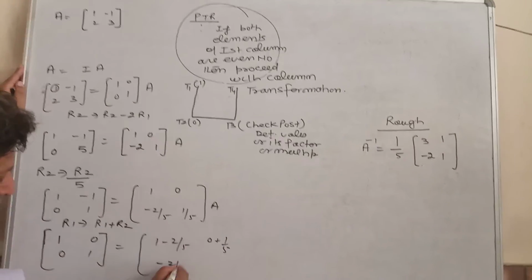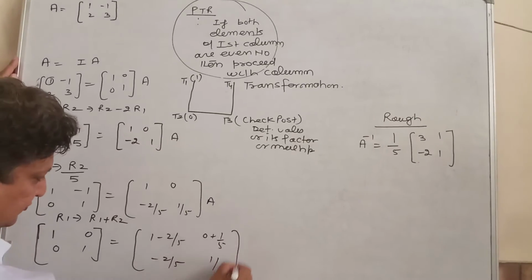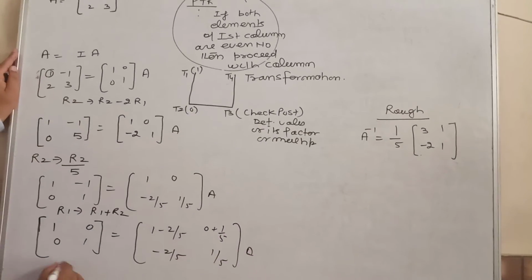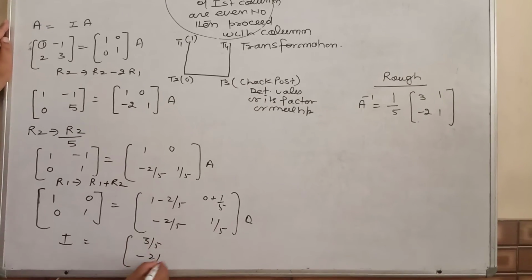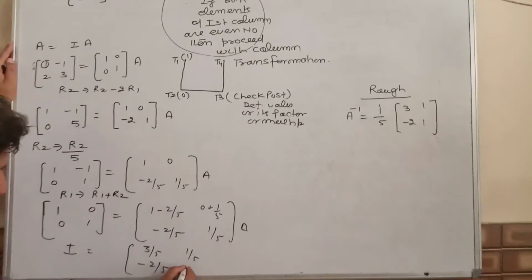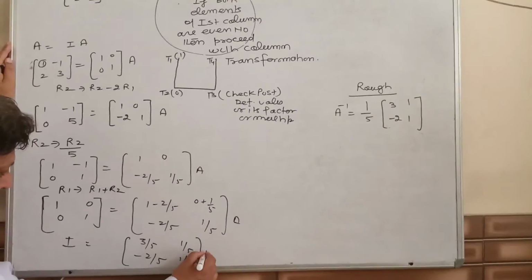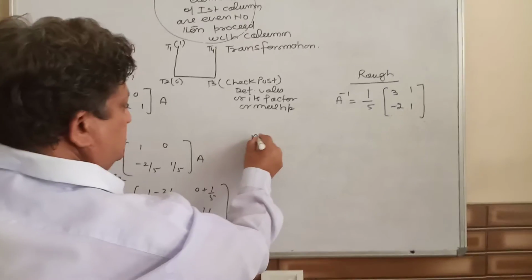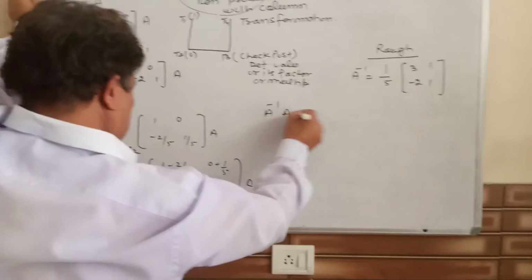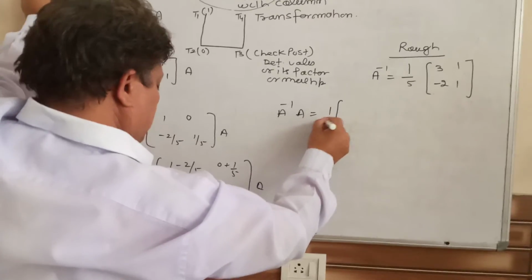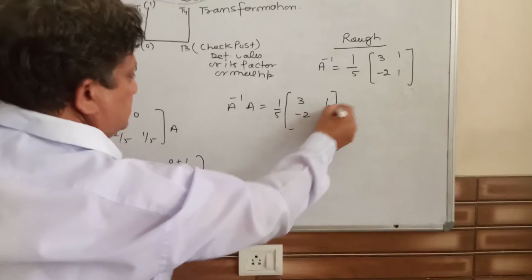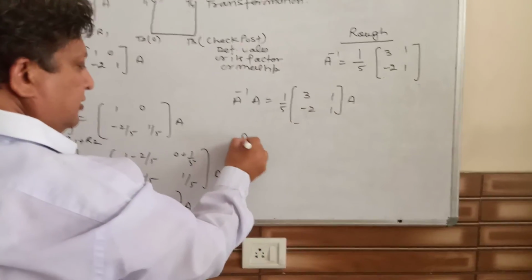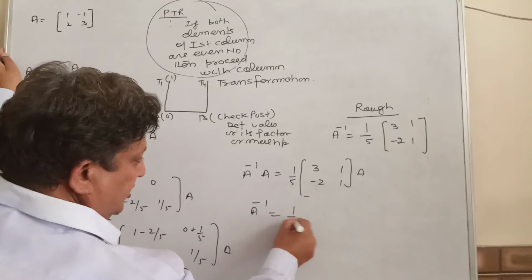So I is 3 by 5, minus 2 by 5, 1 by 5, 1 by 5. It becomes A inverse into A. Taking 1 by 5 common, that is 3, 1, minus 2, 1. Delete the A. A inverse is the final answer.